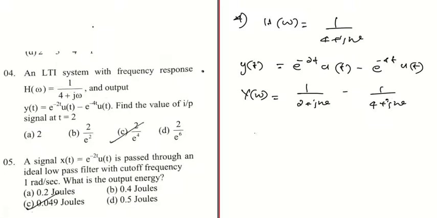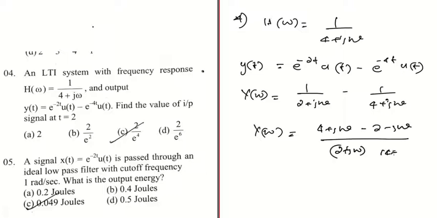Okay. So Y of omega is equal to, taking the LCM, 4 plus j omega minus 2 minus j omega divided by 2 plus j omega into 4 plus j omega. So that is equal to 2 divided by 2 plus j omega into 4 plus j omega.